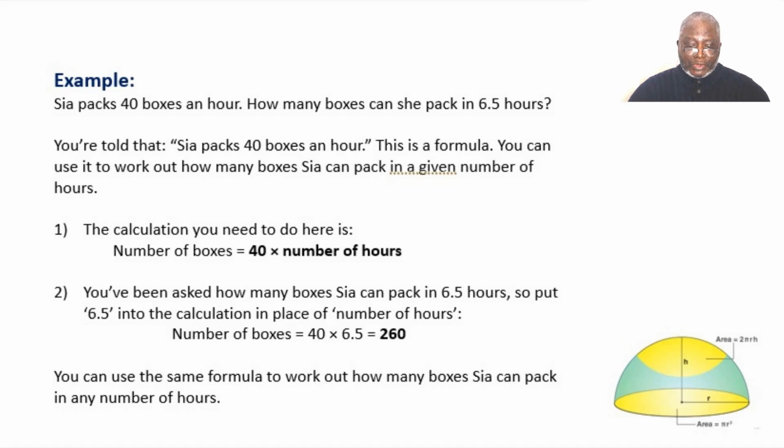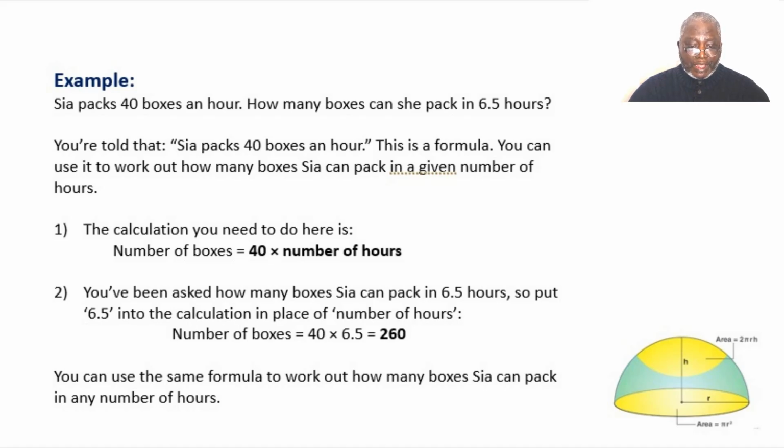You've been asked how many boxes Sia can pack in 6.5 hours. So put the 6.5 hours into the calculation in place of the number of hours. Number of boxes is equal to 40 times 6.5, which is equal to 260.